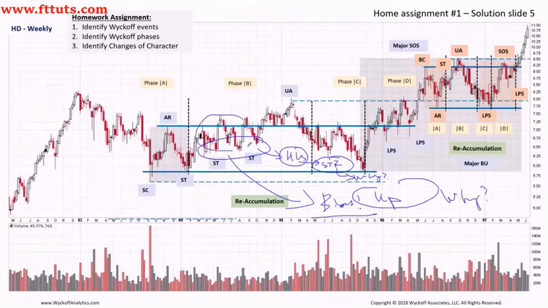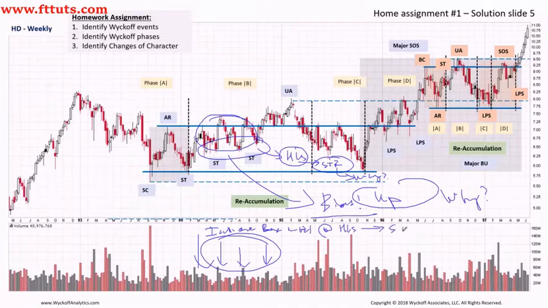Well, think about the institutions here, right? So someone's selling, but then someone's coming in and still produces some buys. So institutions are buyers in phase B at higher lows. This suggests strength.